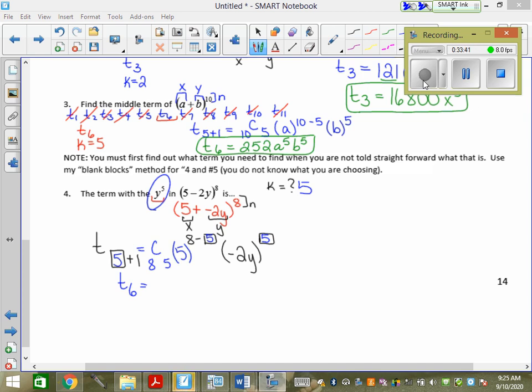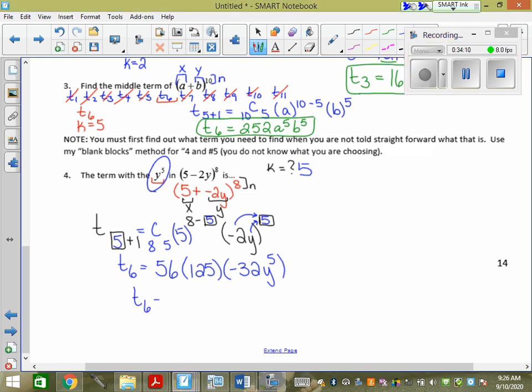Did anyone hear that? 56. Or Stephen has to answer everything. And then 5 to the 3 is 125. And we have to remember to do negative 2 to the 5 and y to the 5. Negative 2 to the 5 is negative 32, I believe. Y to the 5.